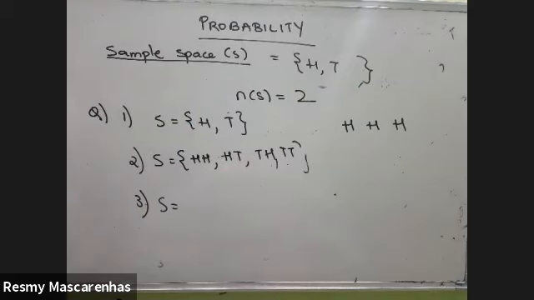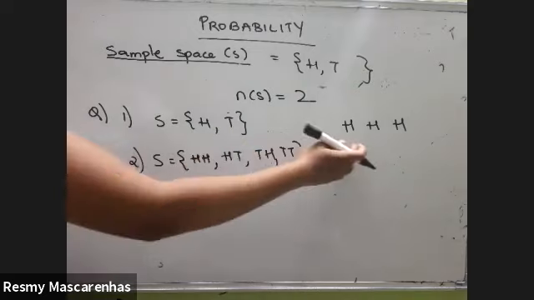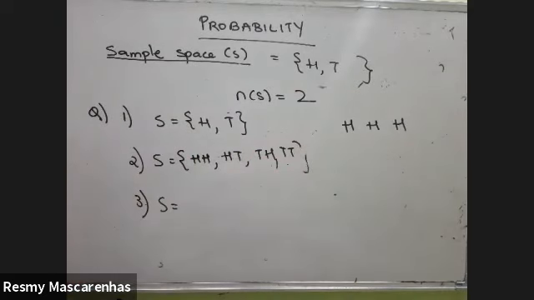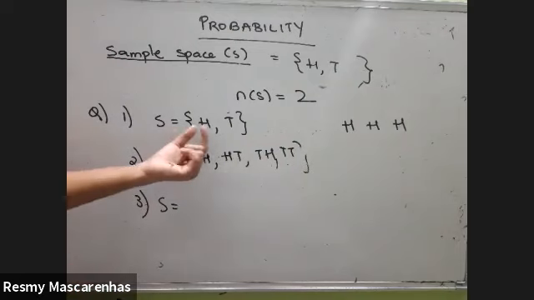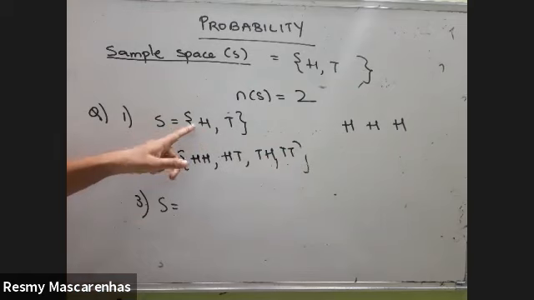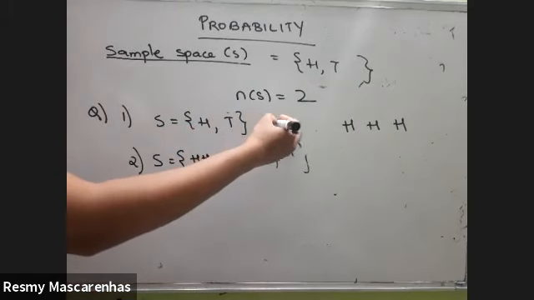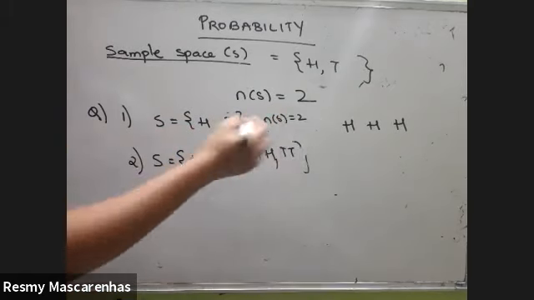Now there's one easy way out. Instead of trying all the methods, I'll tell you a shortcut to get all the combinations. When there was only one coin, you had two outcomes, so n(S) was 2.